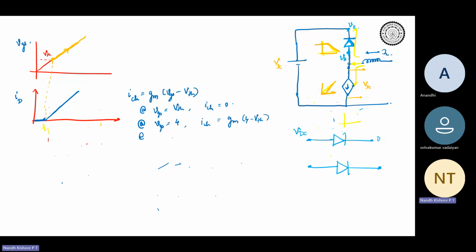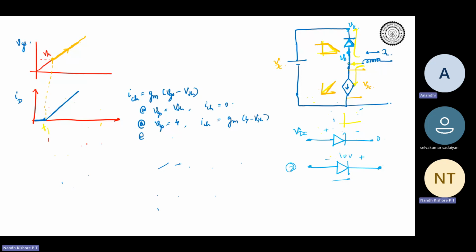And in the other case, let's say there is some voltage across this, say 10 volts. Can the diode conduct in the second case? Do you understand my question?